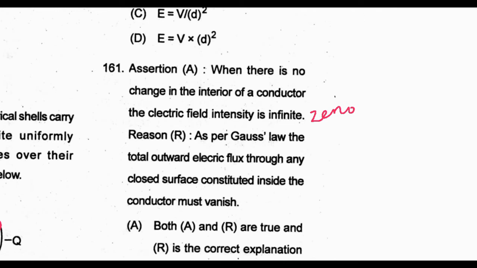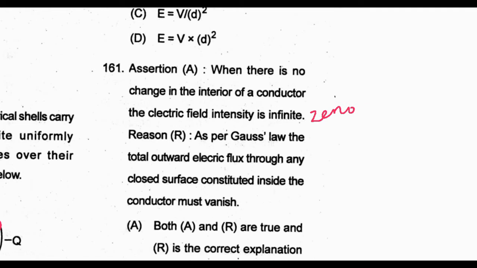Here in this question, assertion and reason are given like in engineering services questions. The assertion is: when there is no charge in the interior of a conductor, the electric field intensity is infinite. And the reason is: as per Gauss law, the total outward electric flux through any closed surface constituted inside the conductor must vanish.